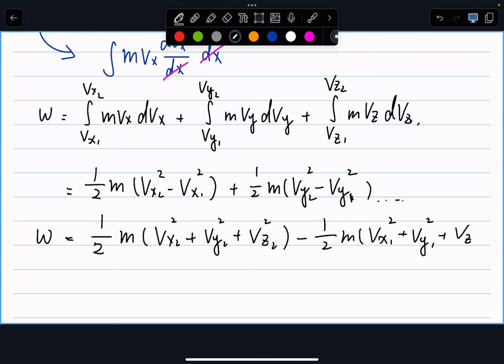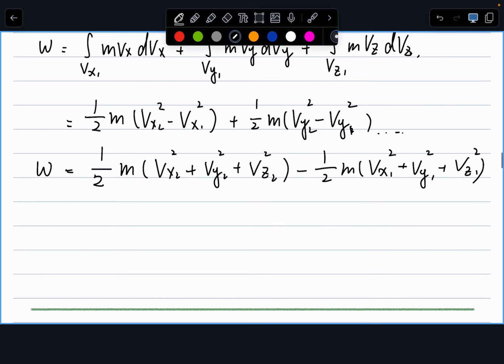plus Vz1 squared). Or the other way to put it is we use the work energy theorem to define the kinetic energy, right? So that's the obvious expression of our kinetic energy. K equals 1/2 mv squared.